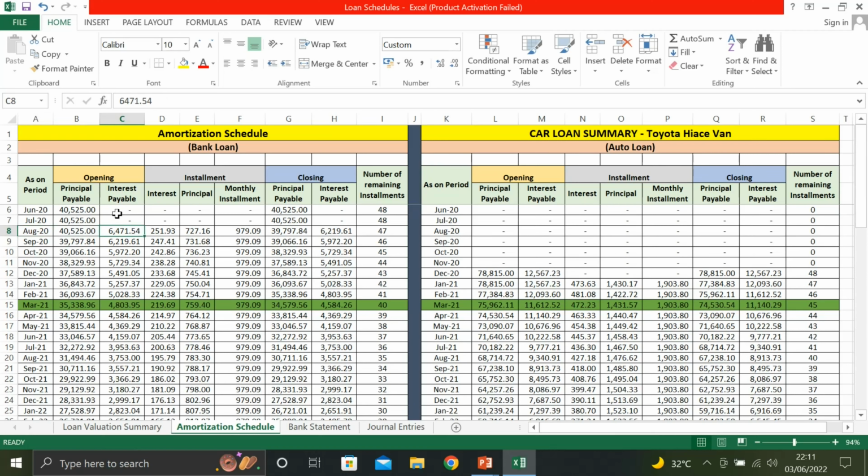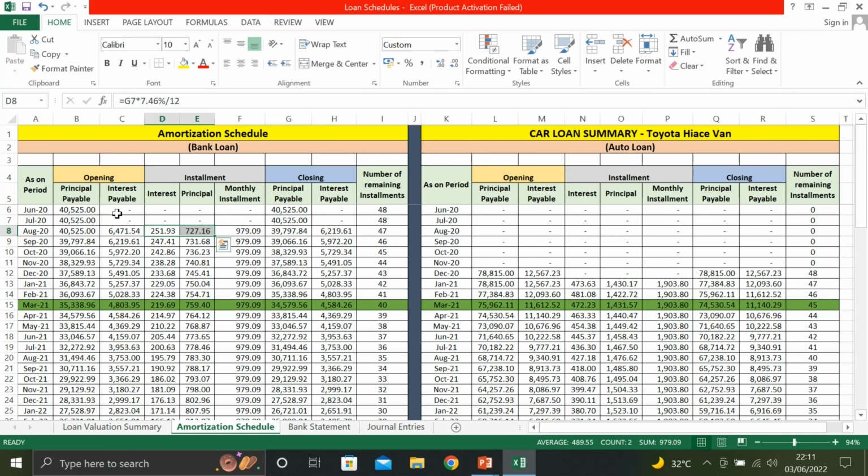And what is the interest payable? Total interest payable, we have this much, 6,471, and how much the interest in this monthly installment is 979.09, and in this installment we will pay the principal amount this much and the interest this much.